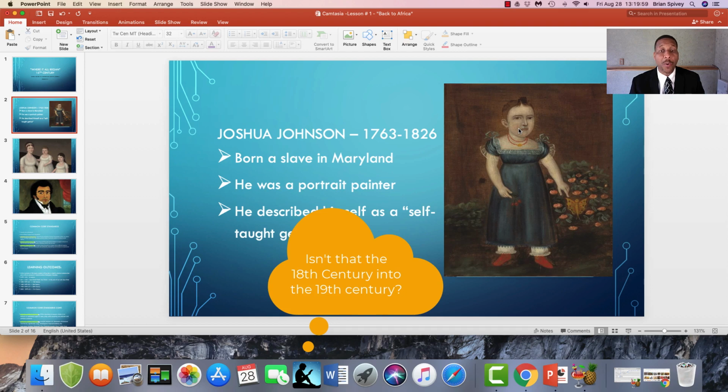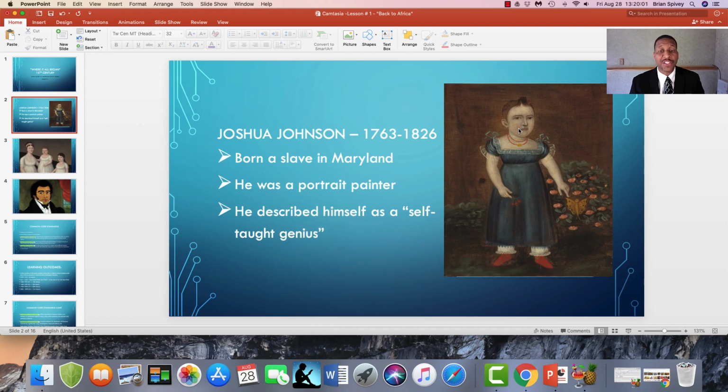He was a portrait painter, and he described himself as a self-taught genius. He's done lots of work. This is one of the few black men who actually had a job as an artist during the 18th century.